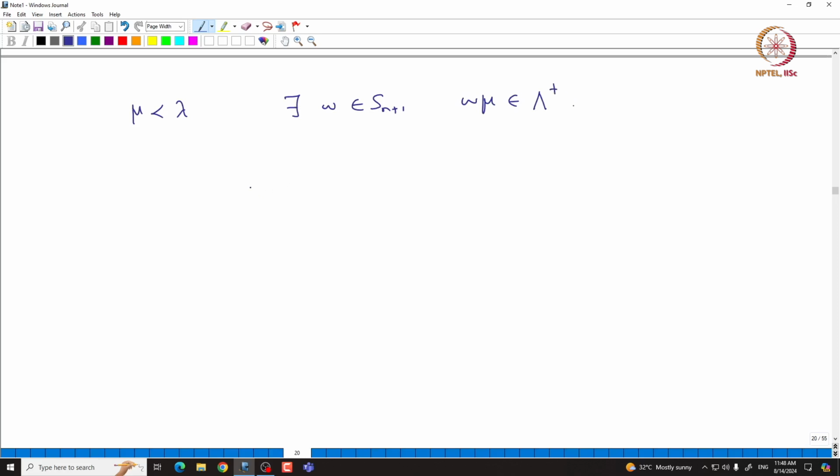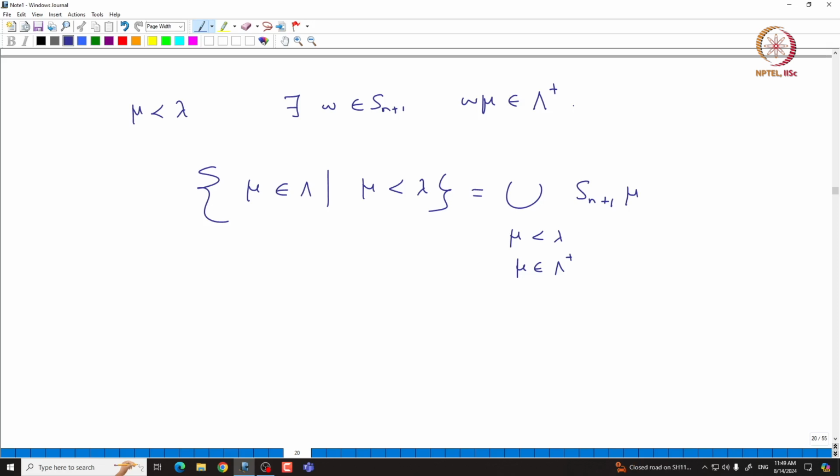So, that means if I take this set of all weights, okay, set of all mu in capital lambda such that mu less than lambda, if I look at this set, then this set can be written as the union of the orbits S_{n+1} mu, where mu is less than lambda and mu is dominant. Okay, this is obvious. So, now if you look at two different orbits for different mu's, then they cannot intersect, that is what our previous observation says. So, that means this must be a disjoint union.